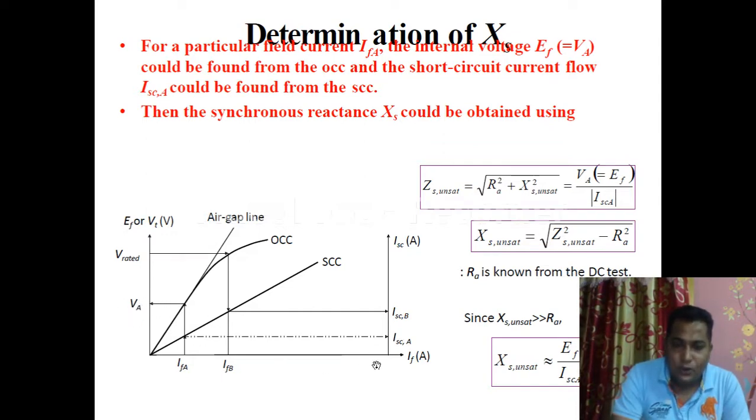If we divide the two, we can find the impedance. The same can be done if we consider the rated voltage V divided by this ISC current. Then also we can find the impedance.